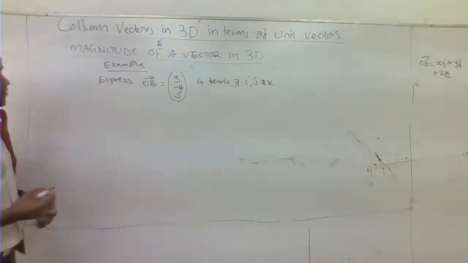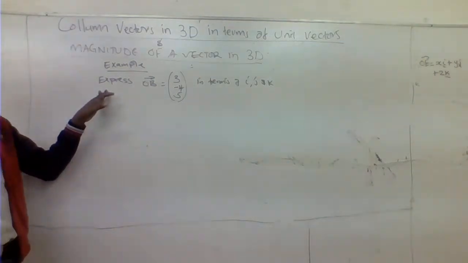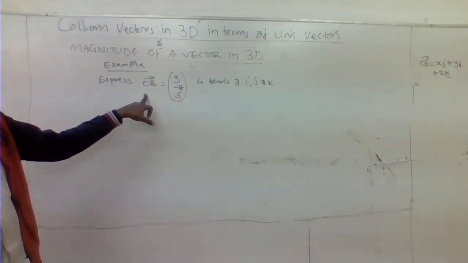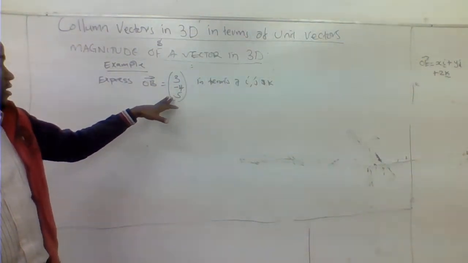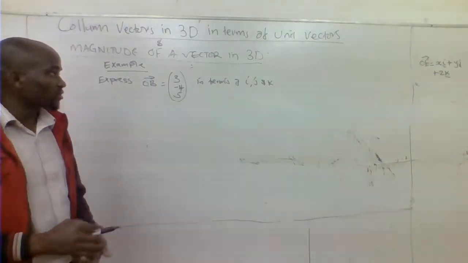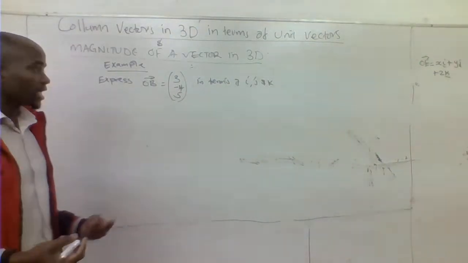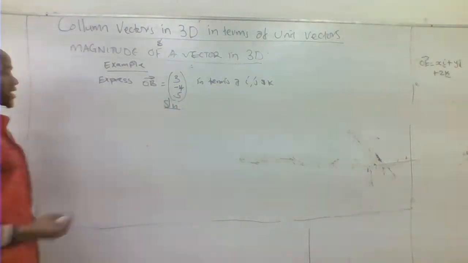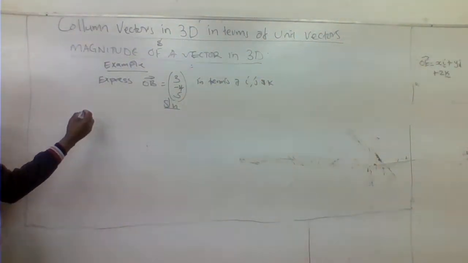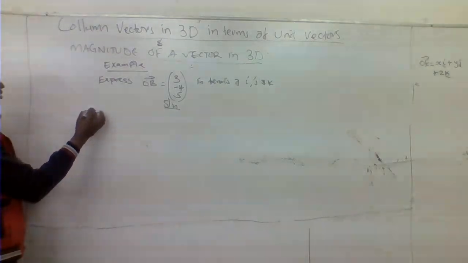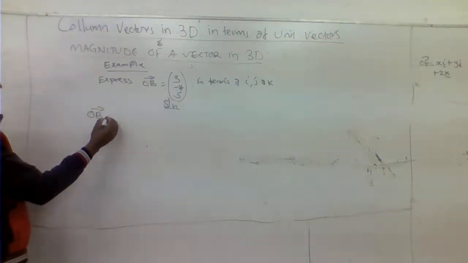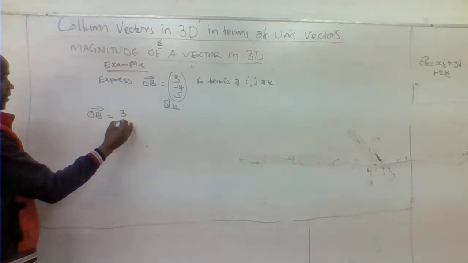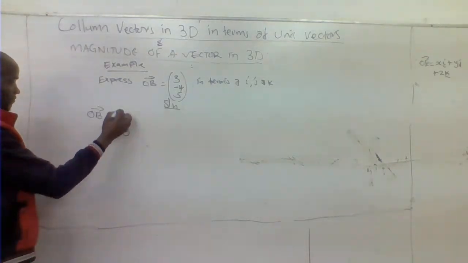How do we solve this kind of question? Express vector OB, which is equal to 3, negative 4, 5 in terms of unit vectors i, j, and k. For us to solve this question, we just need to do it this way. Note that OB, which is a position vector, will be equal to 3, negative 4, then 5.